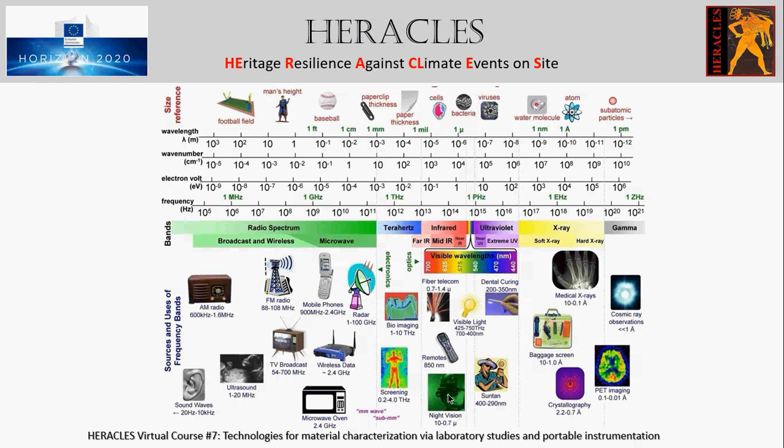But of course, many other wavelengths are available, and the higher the wavelength that we are using, the higher the size of the object that will interfere. If we have lower wavelengths, we can go to smaller sizes. And when we are speaking about X-rays, the range of the wavelength is around a few angstroms.